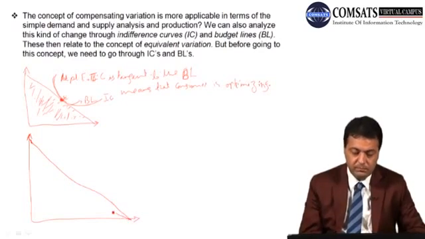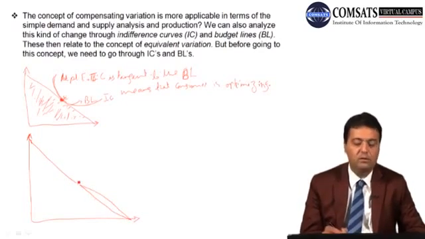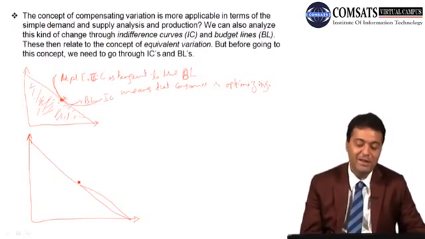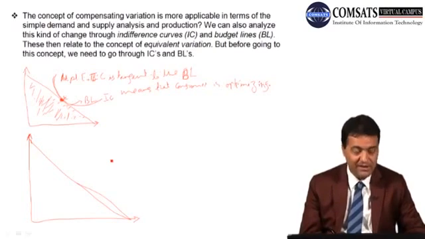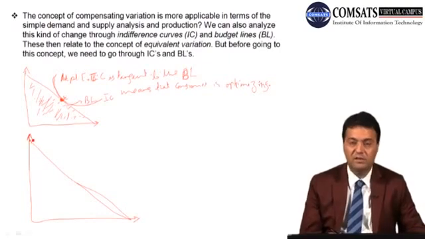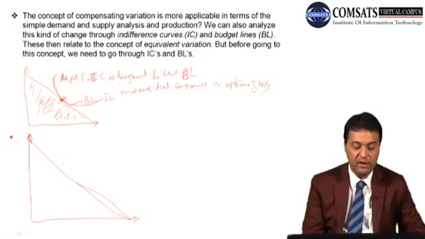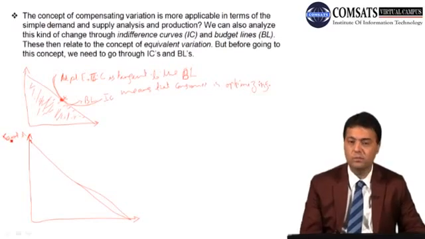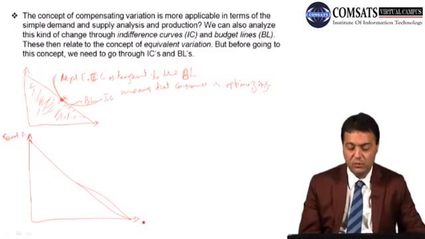This is rather a straight one. Anyway, this is our budget line, and suppose that the consumer is left with only one choice of one type of good. This is good A. And this is good B.